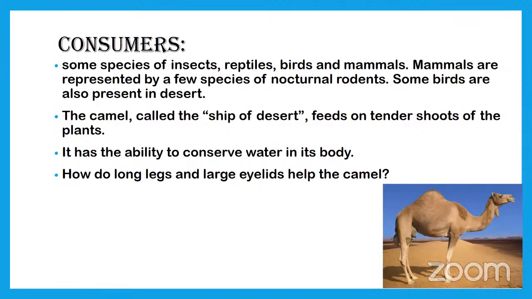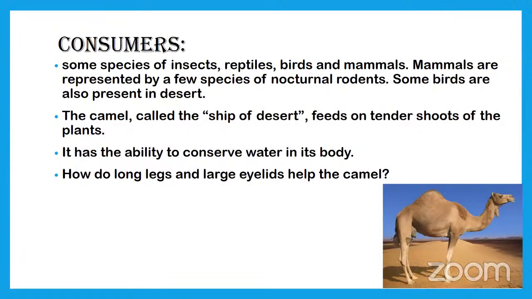Nocturnal means they activate at nighttime. We are the diurnals. Diurnal means we are active in the daytime and we sleep at night. But in the desert ecosystem, animals are active at night and they sleep and take rest in the daytime.